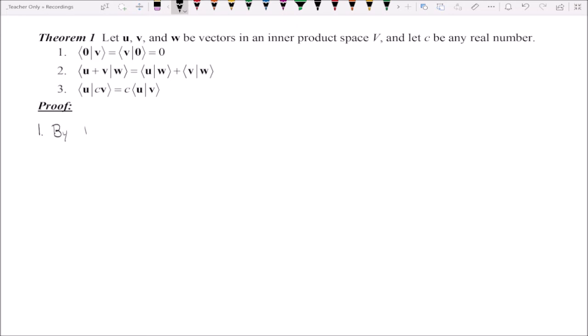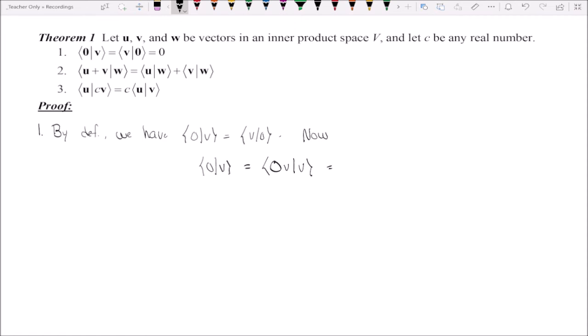So first, by definition, we have the inner product of 0 with v is equal to the inner product of v with 0, as was mentioned. Now let's just show that the inner product of 0 with v has to equal 0. Well, recall by definition that the 0 identity is just 0 times v, right? So this becomes the inner product of 0 times v with v.